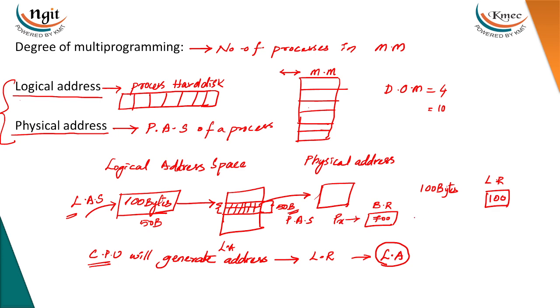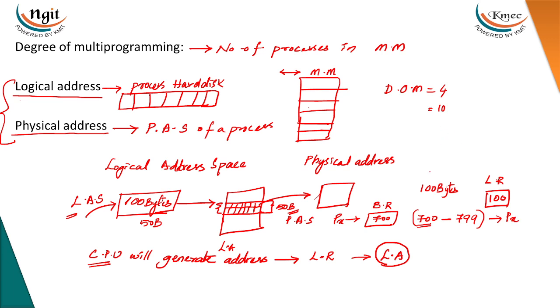It starts from 700, and the next 100 bytes belong to px, that is 700 to 799, because 700 is also included. So 700 to 799 belongs to process px.